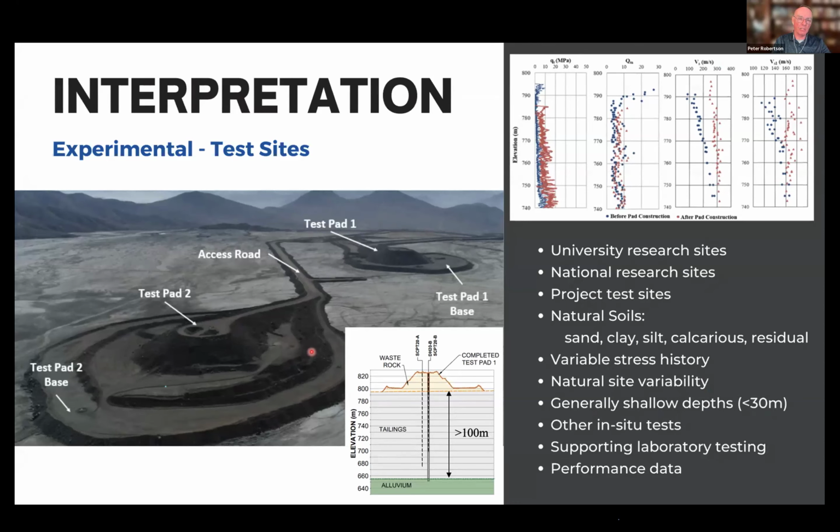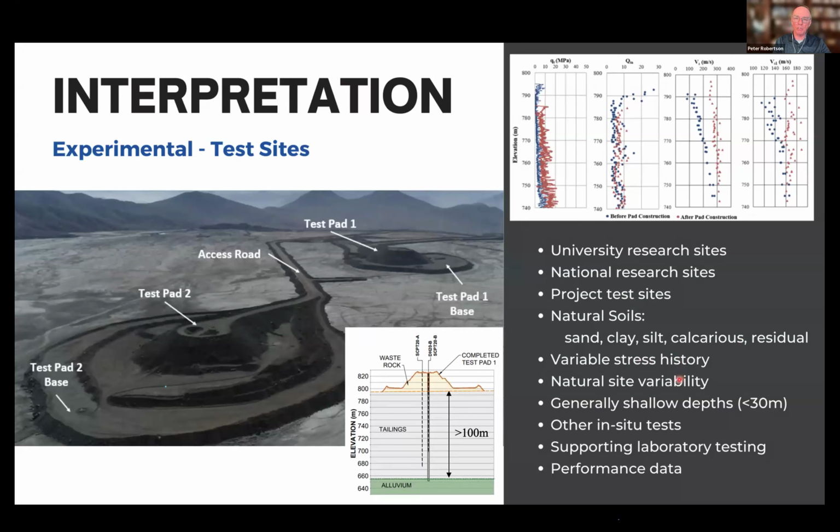Like here, this is a tailings facility where they're building some test pads on top of the tailings to look to see how much the tailings settle and how much they improve in strength as they consolidate. So lots of test sites, as I say, university, national research site, project sites. And this has the advantage it's using natural soils, not sort of ideal soils in the laboratory.